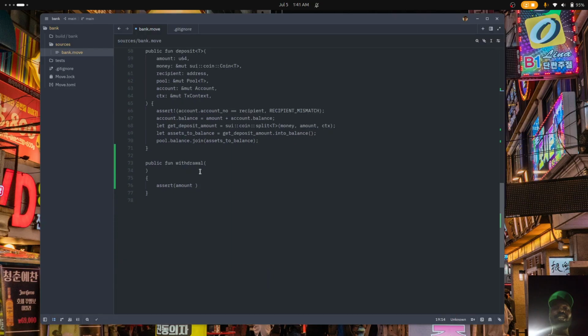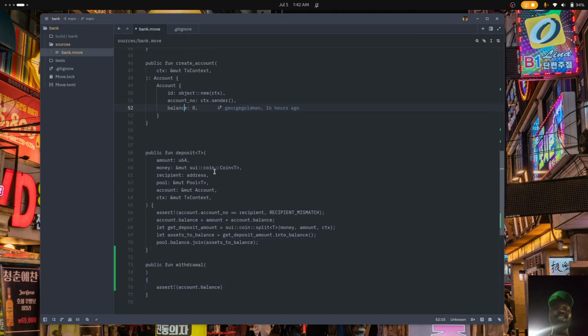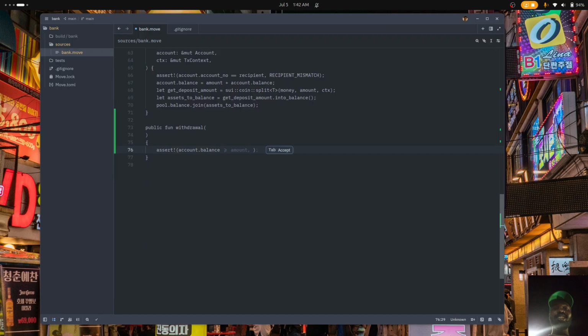First off, I have to check if the account balance is greater than or equal to the amount I want to withdraw.